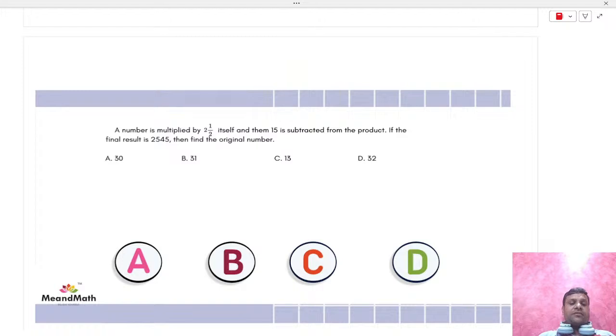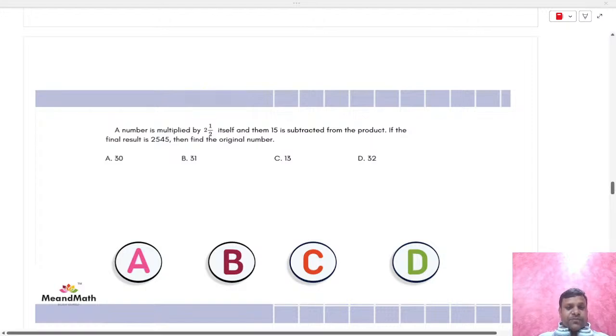Option A is 30, option B is 31, option C is 13, and option D is 32. In this question, it is not given that you have to find squares or a square root. When you arrange them in an equation, you will find the question is related to square or square root. Yes or no? Just take 2 minutes to solve this question.